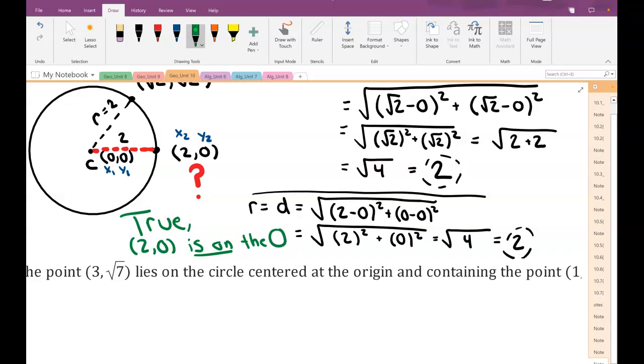Why is it on the circle? Because we start off with this definition of a circle that any point on the circle is equidistant from the center. Any point that we draw around here, the distance between the origin and the outside should be 2. In this case it is, so we know it's on the circle.